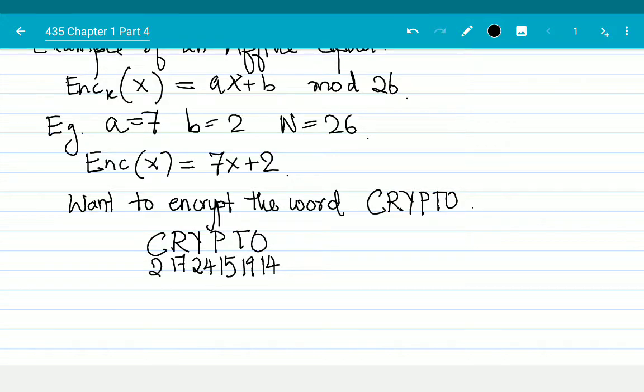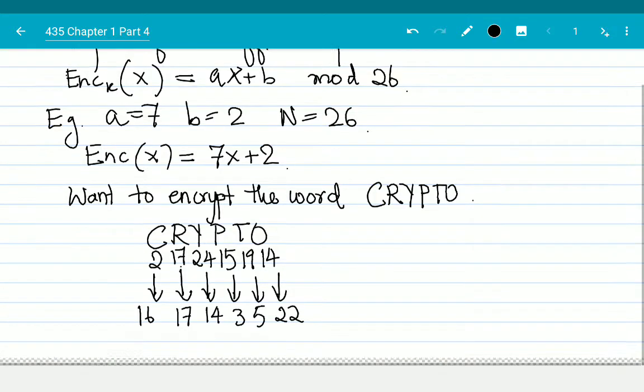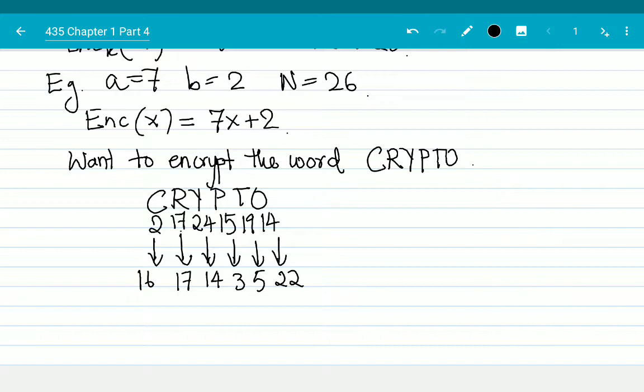2 times 7 plus 2 gives me 14 plus 2, which is 16. 17 times 7 plus 2 modulo 26 after calculation is 17. I'm just going to write these down. I'm not going to compute them in front of you because I did this before. 15 goes to 3. 19 goes to 5. And 14 goes to 22. And so the word I'm going to get from this is QRODFW.